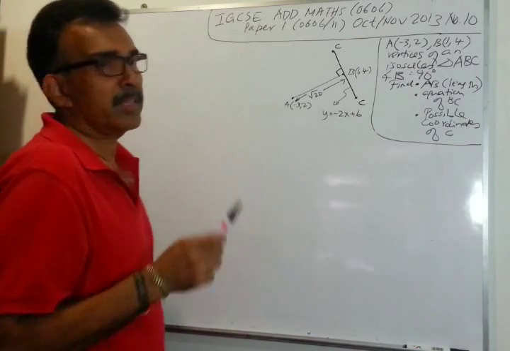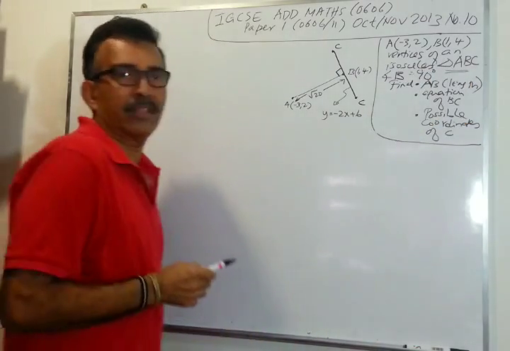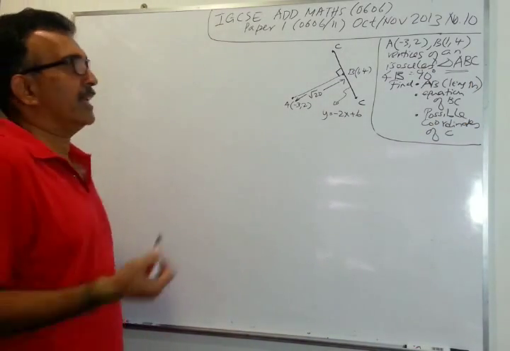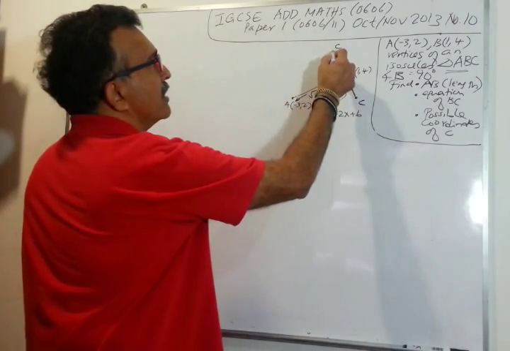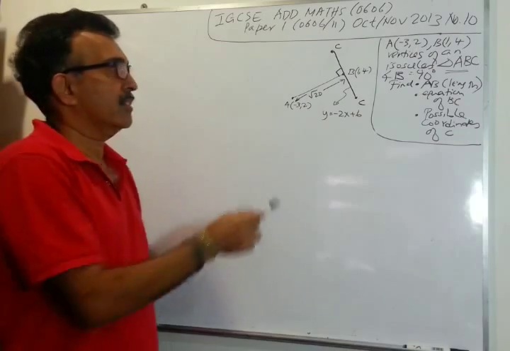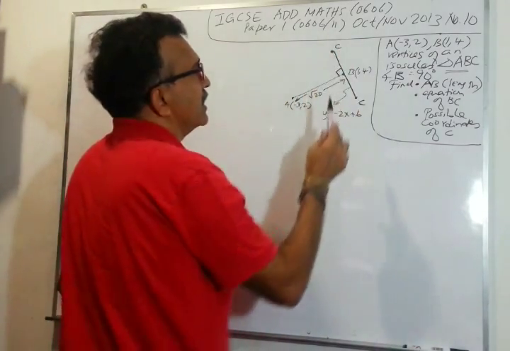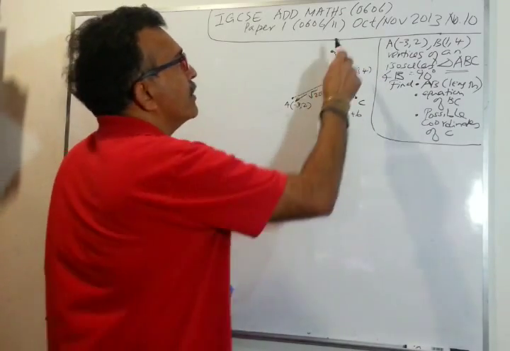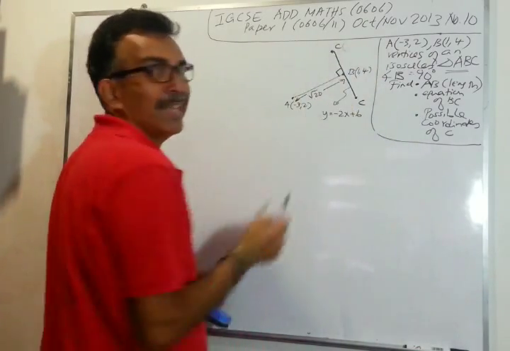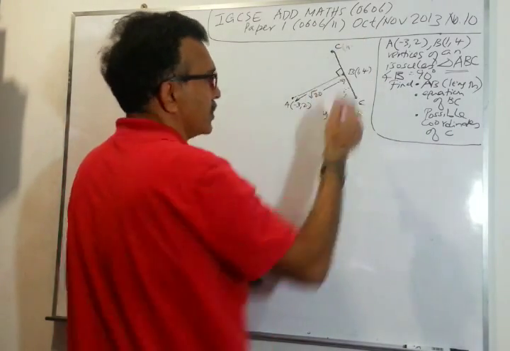So remember the important point, ABC is an isosceles triangle. Let's just assume that C is here first. Listen, this is just a sketch, there is no scale whatsoever involved. Let's say C is here, and let the x coordinate of C be h.